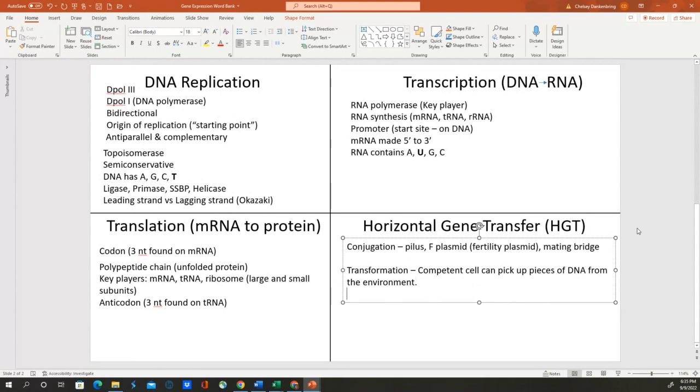All right, and then our last one is going to be what? Yes, transduction. And so remember, this is when a bacteriophage, which is a virus that infects bacteria, this is an accidental process. So if you've watched the virus videos, then you'll know that bacteriophages take over a cell, just like animal viruses. They make more copies of their genetic material.